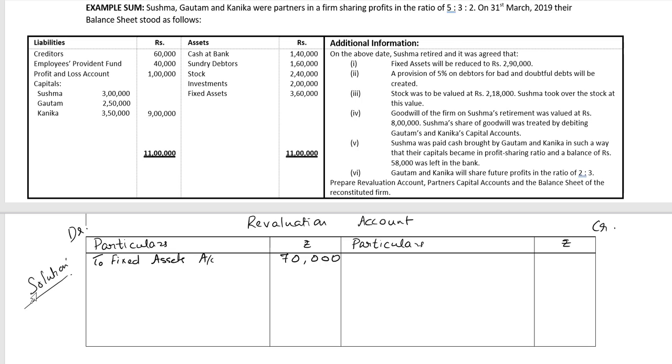Point 2, a provision of 5% on debtors for bad and doubtful debts will be created. So, to provision for doubtful debts. 5% of sundry debtors, rupees 1,60,000 comes up to rupees 8,000.